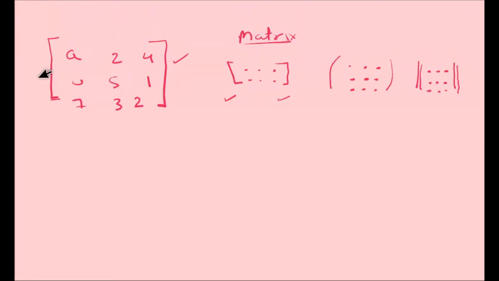Okay, now student, I am going to tell you about this type of shape. First tell me, can you define the definition of matrix? What you have learned, can you define it?